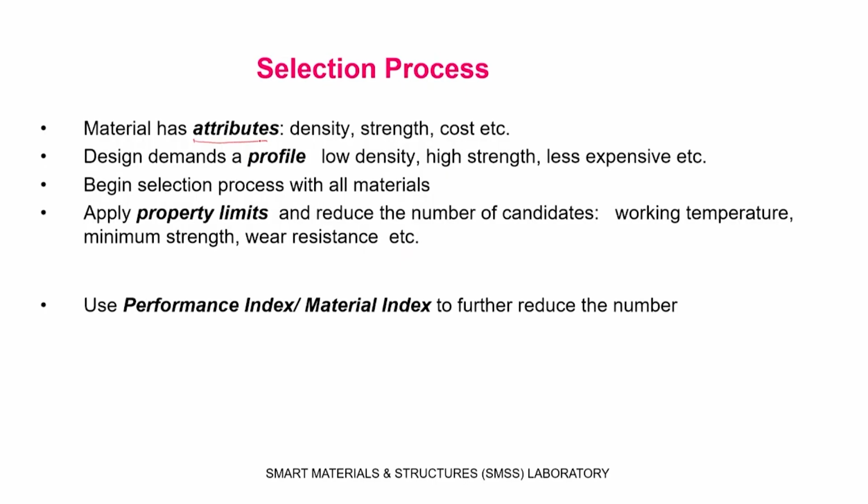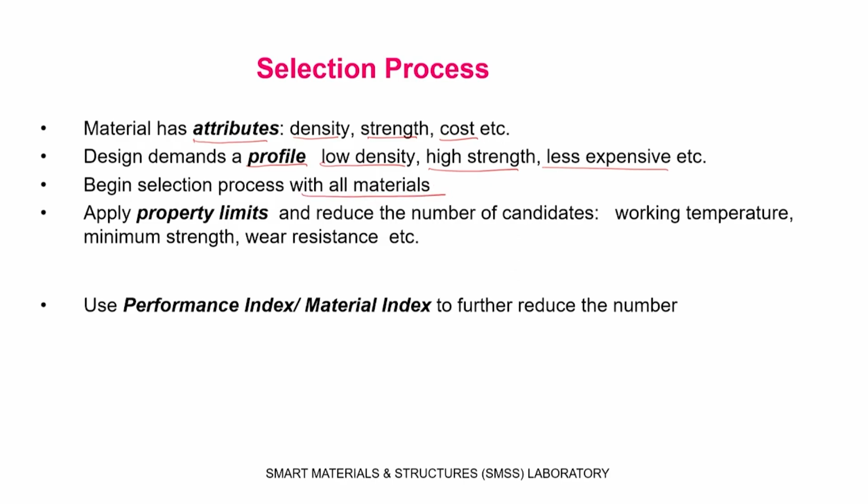That is the characteristic properties: density, strength, cost, etc. Design, on the other hand, when we are designing a product, demands a profile. That means I need such and such density, let us say low density qualitatively, high strength, less expensive, etc. And I need to look into the materials and select all the materials that match this profile. That is how we will start.